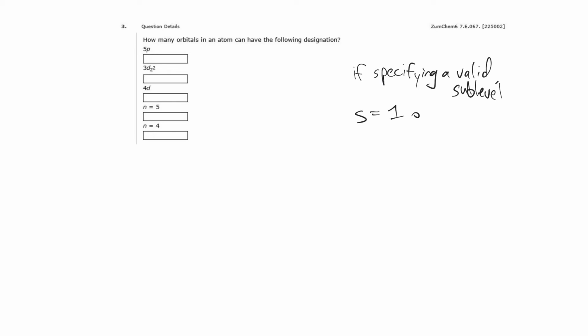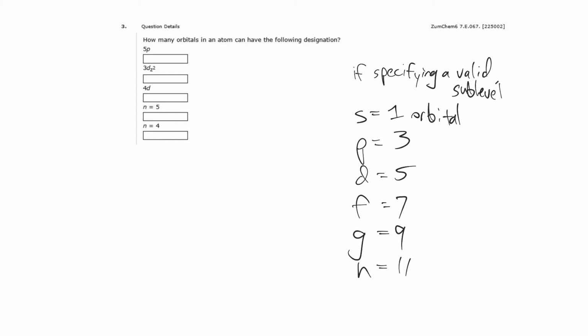Any valid S sublevel has one orbital. Any valid P sublevel has 3 orbitals. Any valid D sublevel has 5, Fs have 7, Gs would have 9, Hs have 11, and so forth. Theoretically, there is no limit.